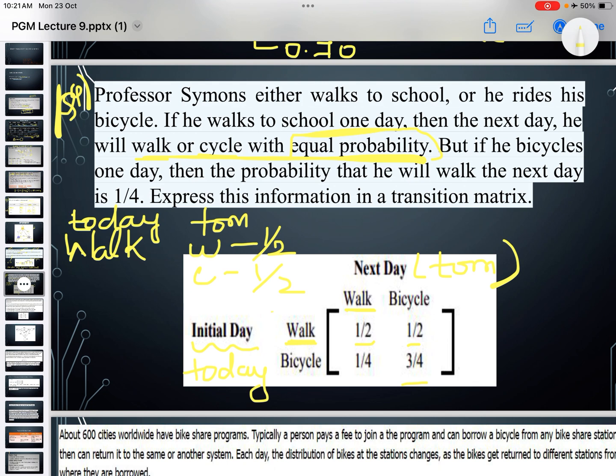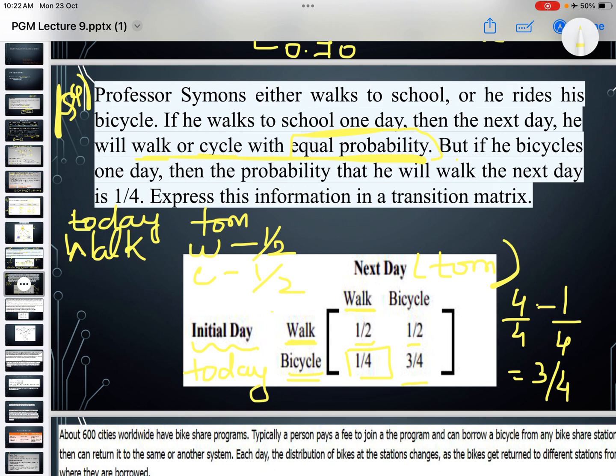But if he bicycles one day, then the probability he will walk the next day is 1/4. Today you bicycle, tomorrow you will walk is how much? 1/4. Today you bicycle, tomorrow also you will bicycle, will be how much? 4/4 minus 1/4. That is 3/4.